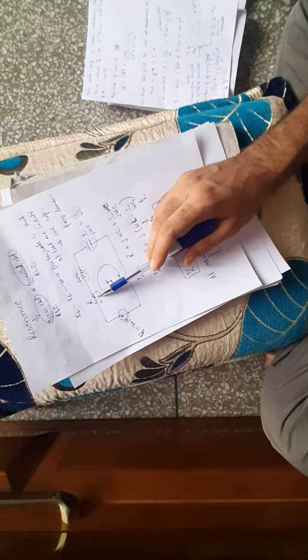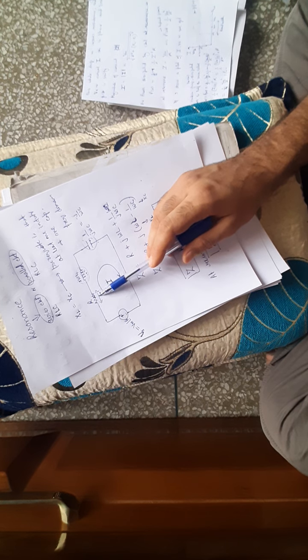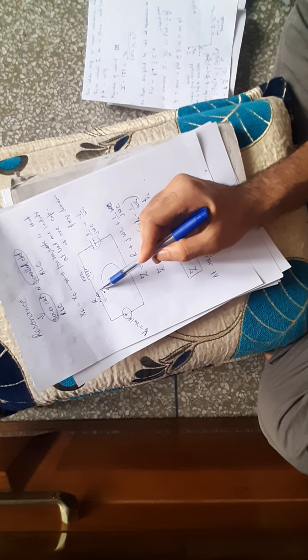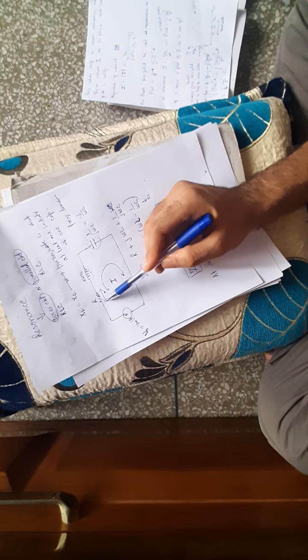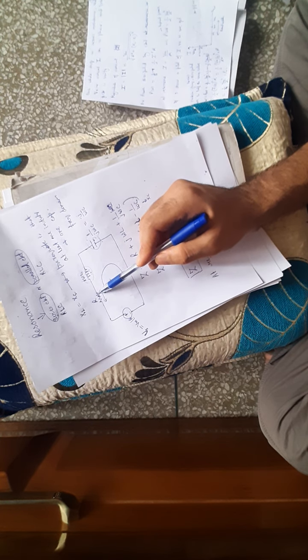So I am saying the whole drop is across this resistor. Okay. And you know this is a resistor, so the current and voltage will remain in phase.